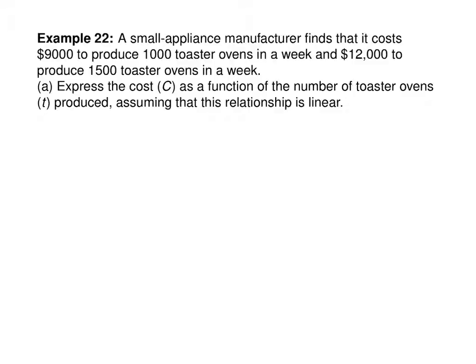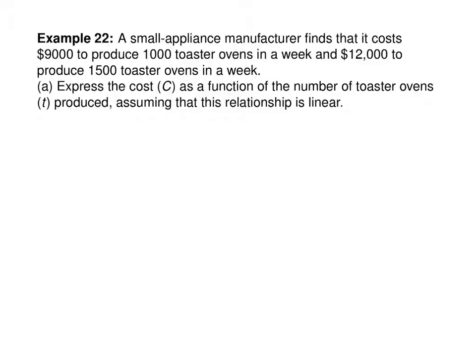Actually, the one you're going to use next semester if you take calculus. So a small appliance manufacturer finds that it costs them $9,000 to produce 1,000 toaster ovens in a week and $12,000 to make 1,500 toaster ovens in a week. So express the cost as a function of the number of toaster ovens produced.